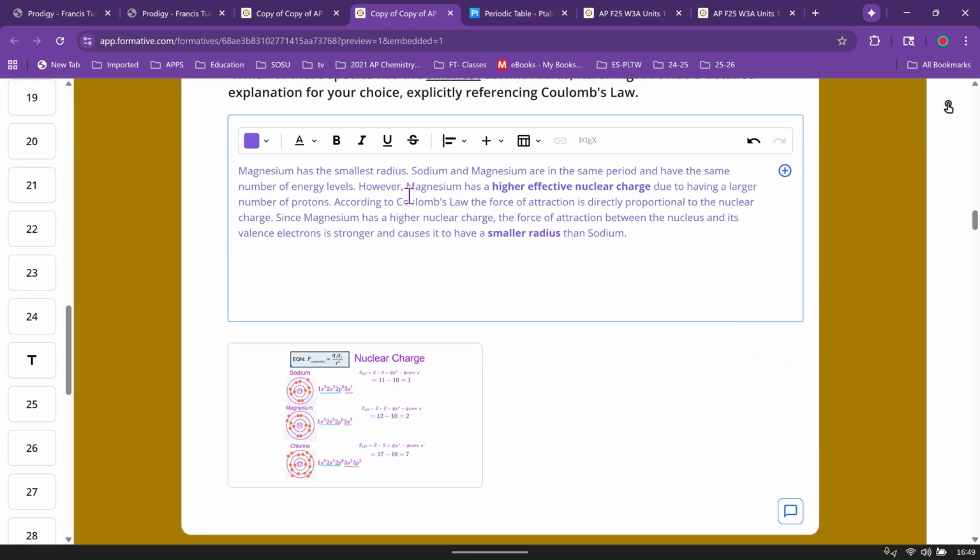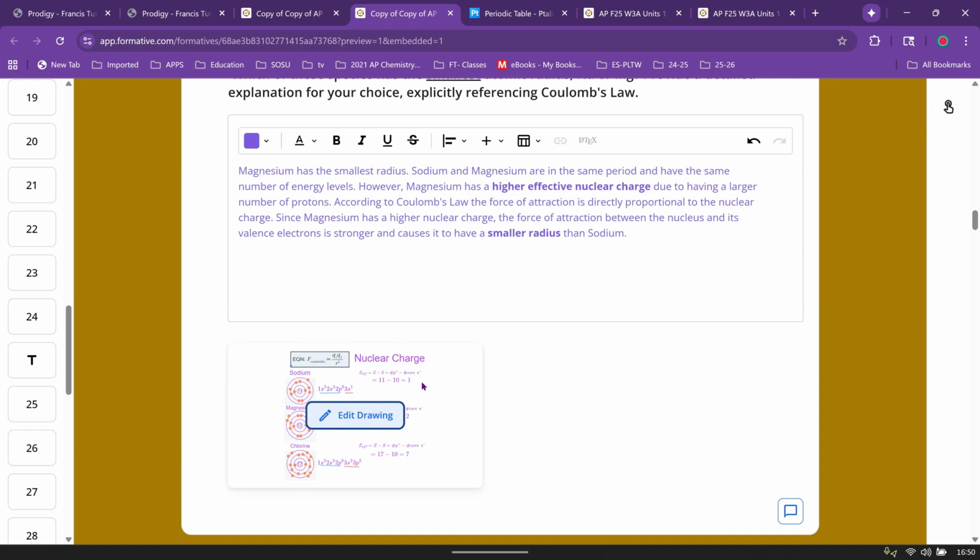According to Coulomb's law, the force of attraction is directly proportional to the nuclear charge. So we see the effective nuclear charge in magnesium is greater than in sodium, so we know that the force of attraction between the valence electrons and the nucleus is greater.